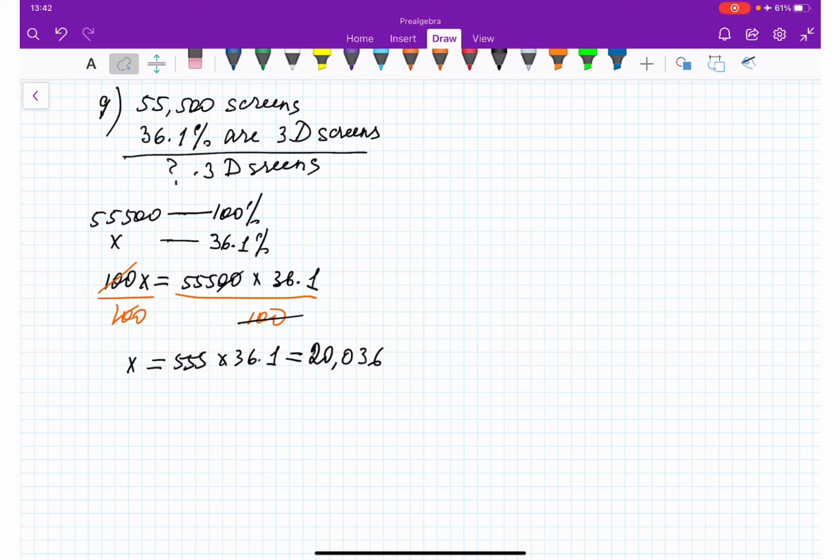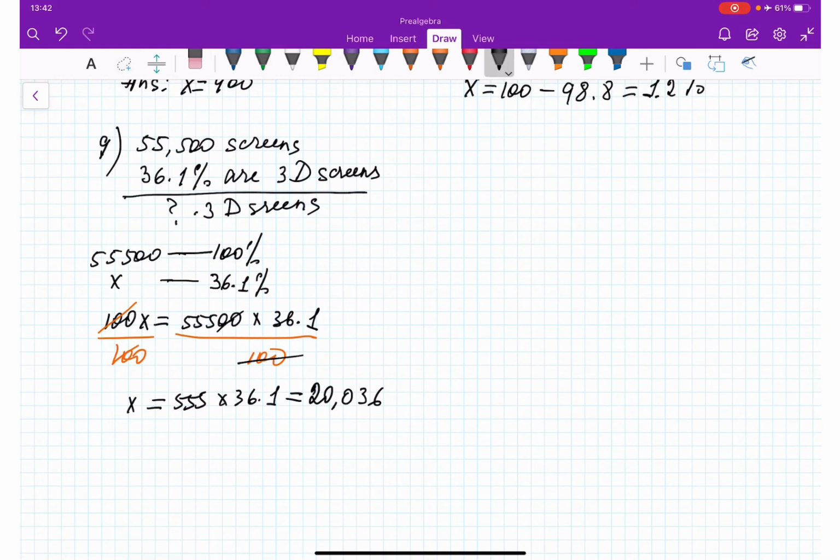Question number 10. Okay, another word problem. From this year to 10 years later, the number of people employed as physician assistant in the country is expected to increase by 37%. The number of people employed as physician assistants today is 48,000 people.